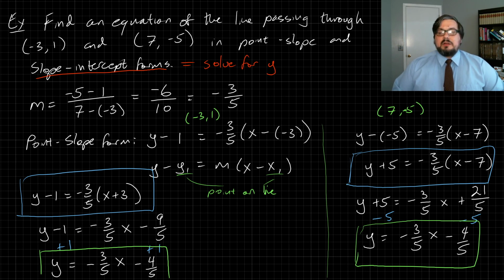The point-slope form is very useful for a certain kind of question that asks you to find equations of lines that satisfy certain conditions. So let's look at the following.